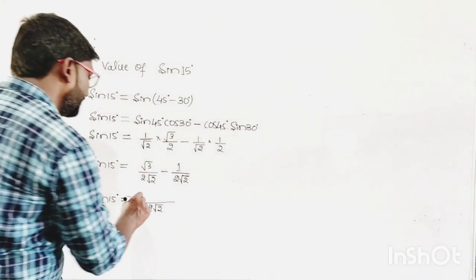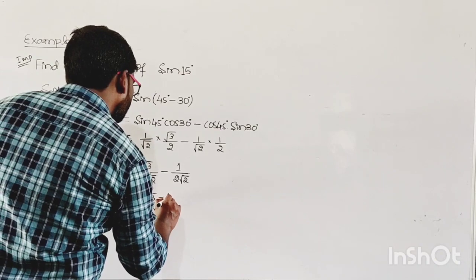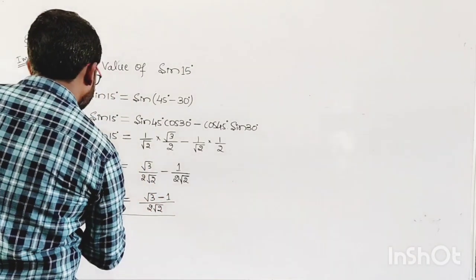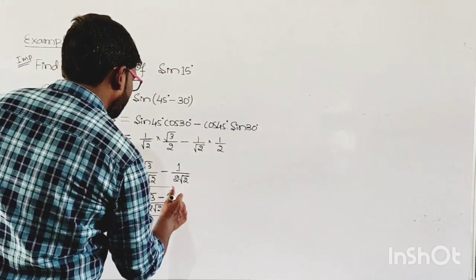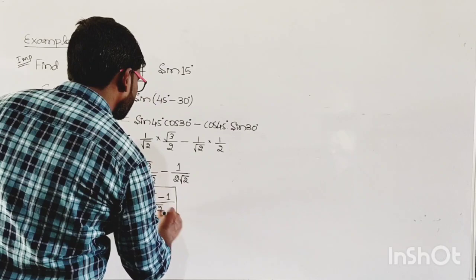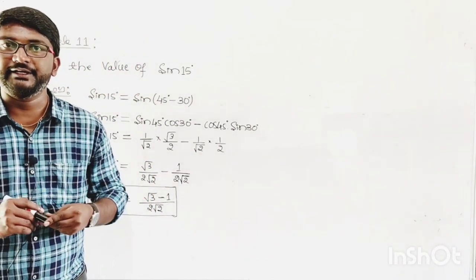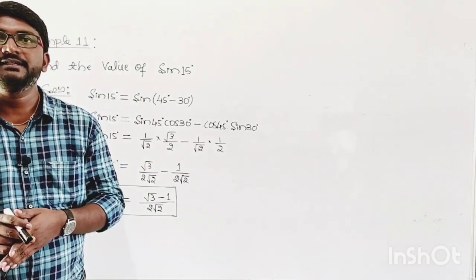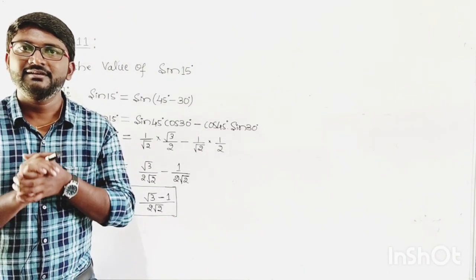In the numerator we get root 3 minus 1. So this is the value of sin 15 degree, and this is important for 2 marks. In 2 marks, you may be asked to find the value of sin 15 degree, sin 75 degree, tan 75 degree, tan 15 degree, cos 15 degree, and so on. Like this you will get the question in your annual exam.